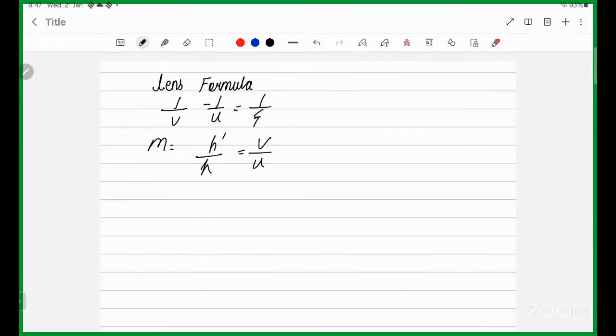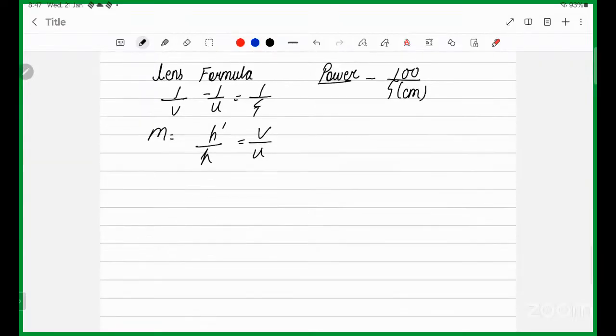Okay, here one more concept is there, that is power. Power is basically a unit to measure the strength. Okay, so how we calculate the power in the case of lenses is basically power is calculated in this way.